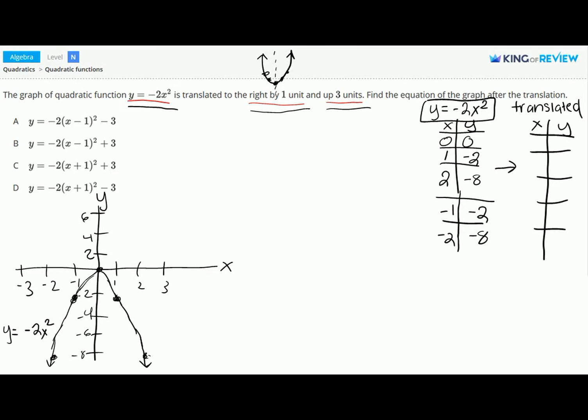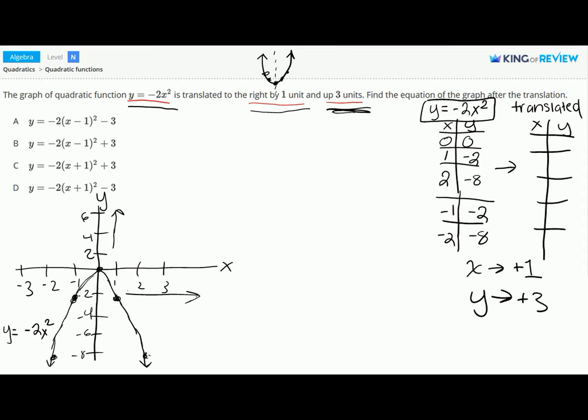Since it's going to the right by 1 unit, our x-coordinate is going to be increased by 1. And our y represents a vertical change, since it's going up 3 units. So our y value is going to move up 3 units. This is going to add 3 to our y-coordinate.